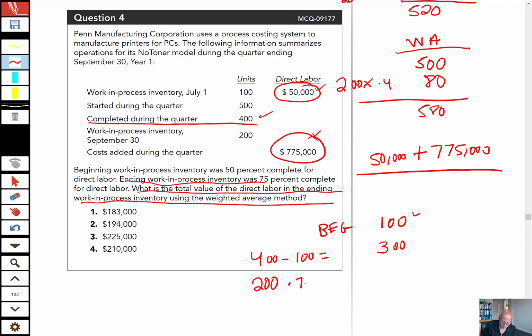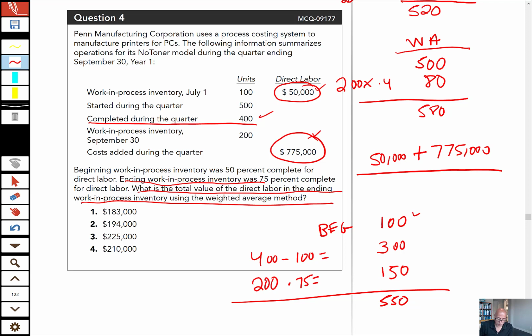So I multiply that times 0.75, and that gives me the 150 units. Okay, so I gave myself credit for the beginning, I made my adjustment for the units completed, or I just could have started with the 400 there. And so I get a total equivalent units here of 550.